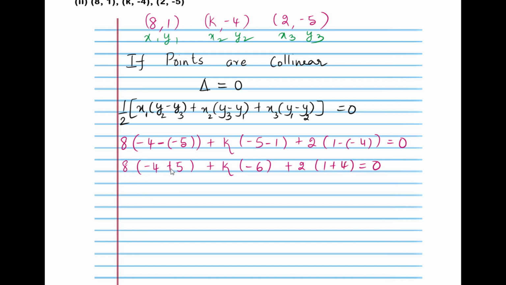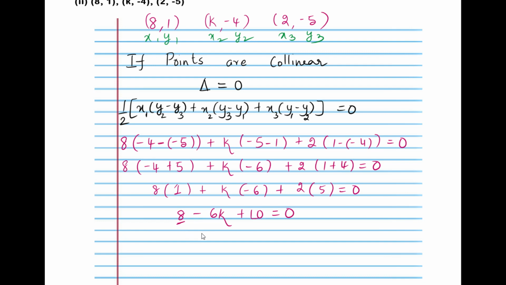Now minus 4 plus 5, we get 8 into, do subtraction, that is 5 minus 4 is 1, bigger number sign is 1 as it is, plus k into minus 6 as it is, plus 2 times 1 plus 4 is 5 equals 0. Now 8 into 1 is 8, plus into minus minus, 6 into k, 6k, plus 2 times 5 is 10, that is plus 10 equals 0.